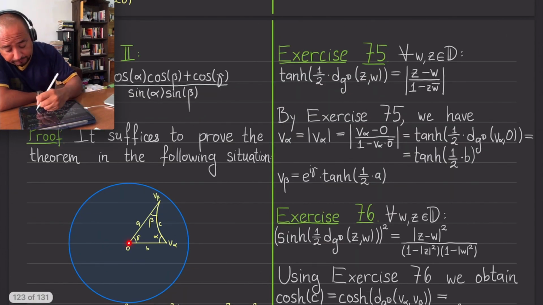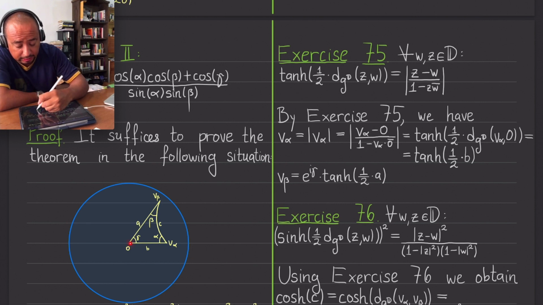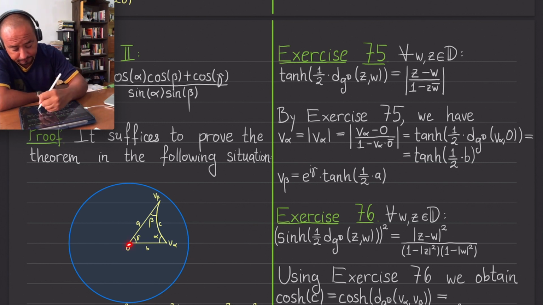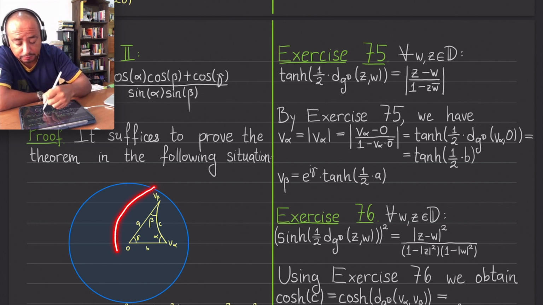So 0 is a vertex, and second, one of the sides is horizontal, I mean Euclideanly horizontal. And third, the triangle opens anti-clockwise. Those are the assumptions.